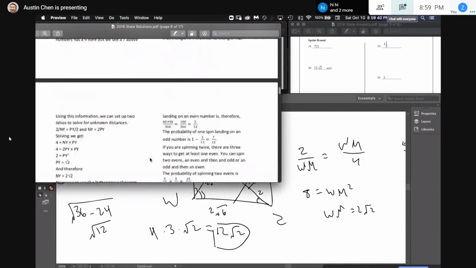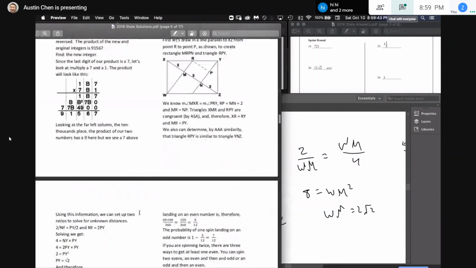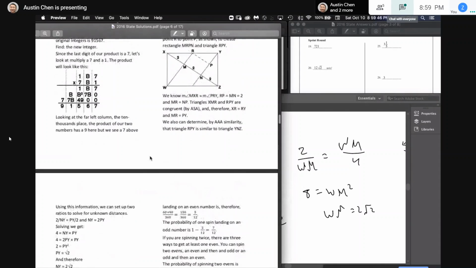Just expand that. I think it's just from the equations, from the diagram. Oh, they're just solving the equation.